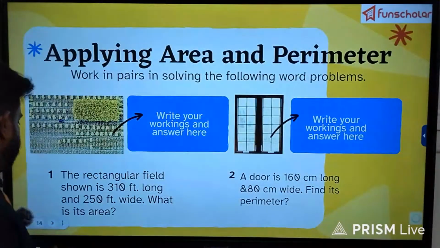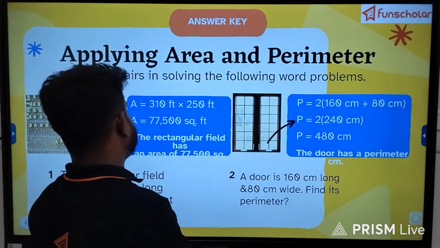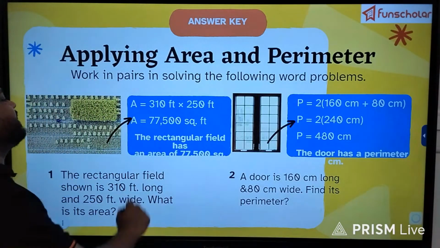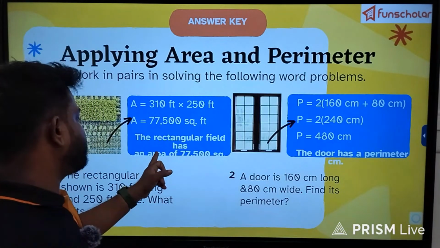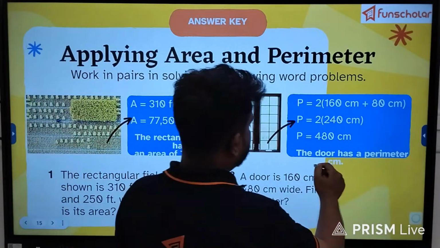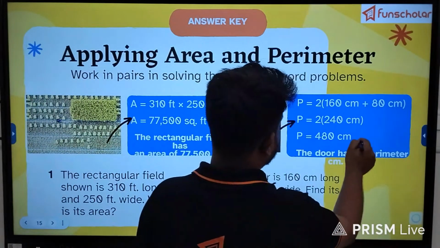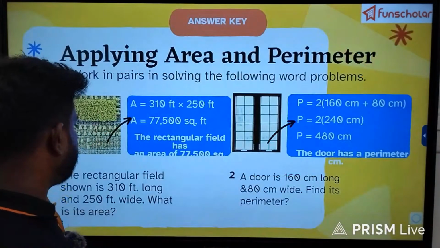Next, yes, they have also done it like this. The area will be 77,500 square feet for the rectangular field, and the door has a perimeter of 480 centimeter. Okay, the next one.